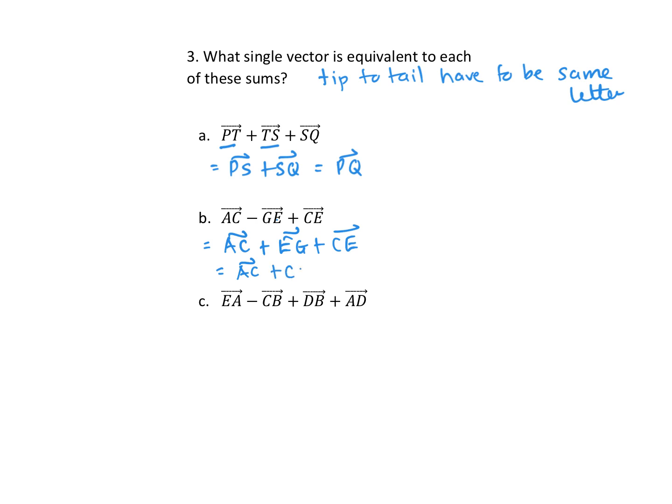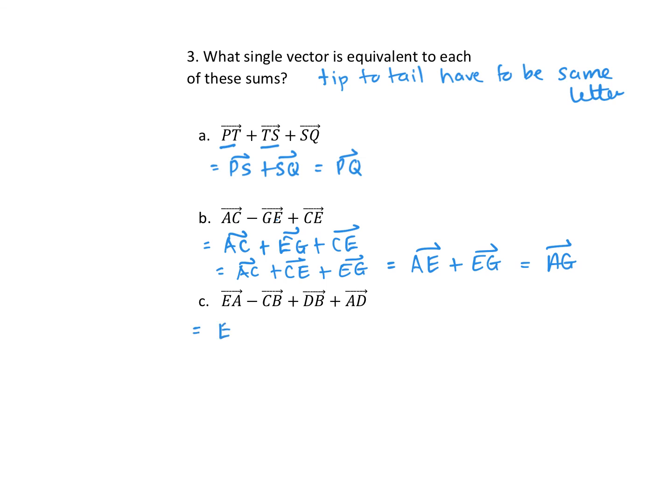So I could put C to E second and then E to G. So I can move things around without changing much. So A to C plus C to E would give me A to E. And then A to E plus E to G would give me A to G. Okay, so it's okay to shuffle things around.